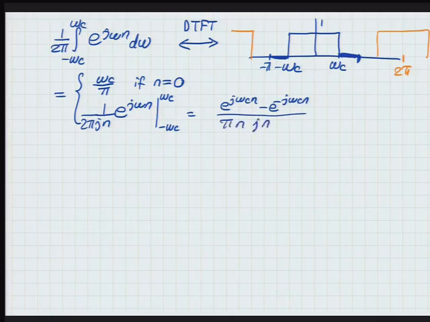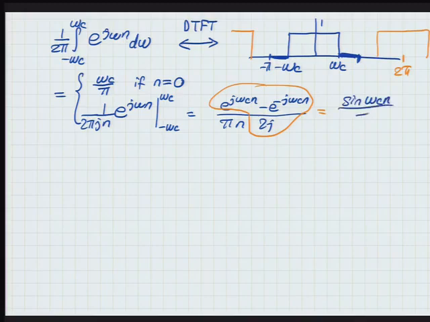I rewrote the order of the terms in the denominator because now I can see this really is a sine. This is 2j, right? And therefore I have sine of omega c n over pi n, yes? And that is valid for n different than 0.